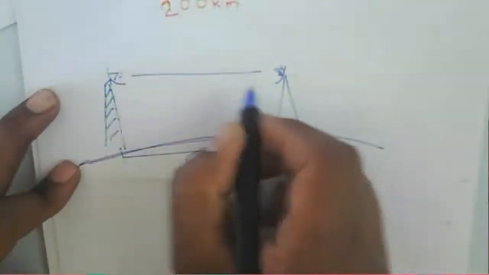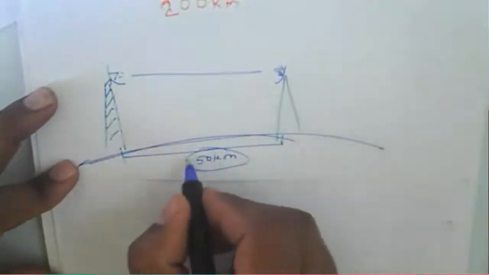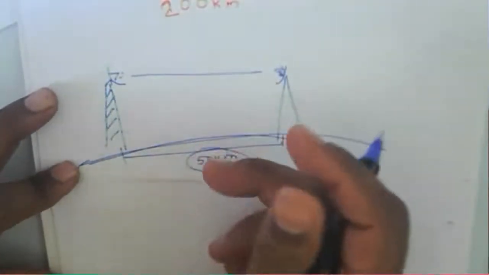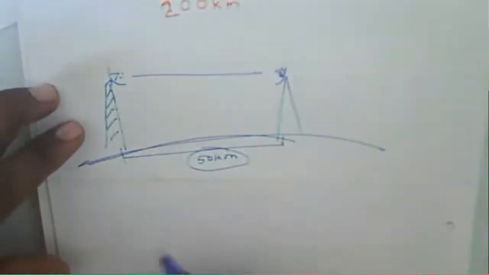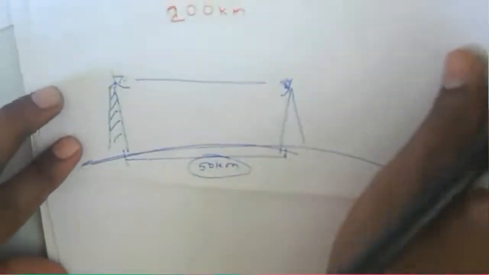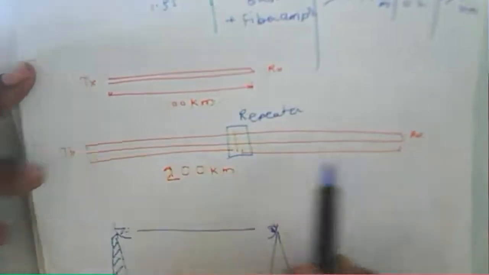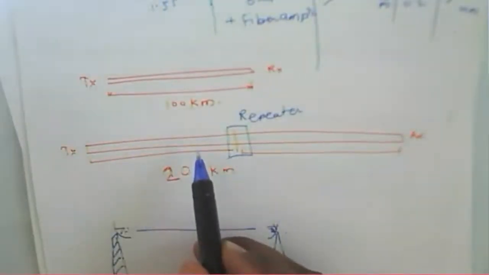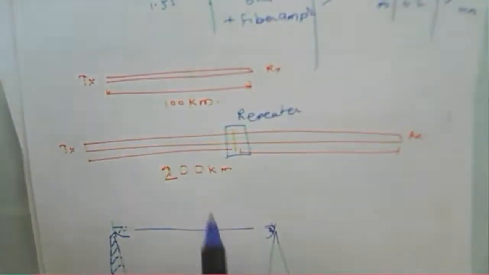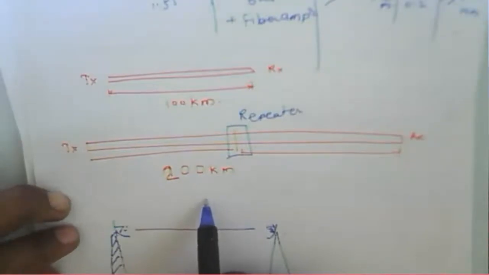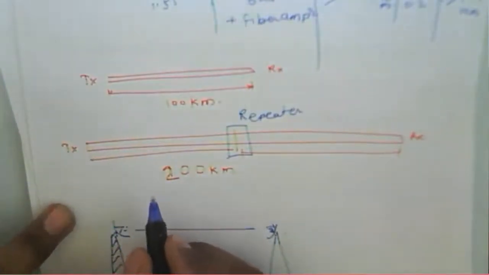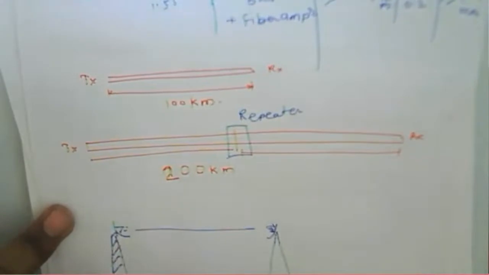So tower to tower communication is possible only within 50 kilometer. With optical fiber, we can transmit the signal over long distances, so for long distance communication, optical fibers are used.